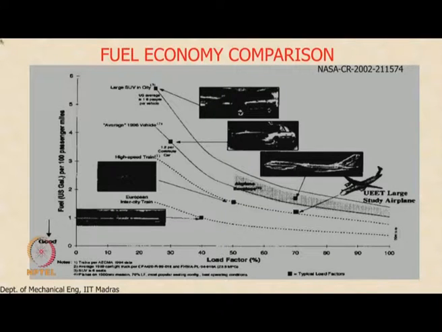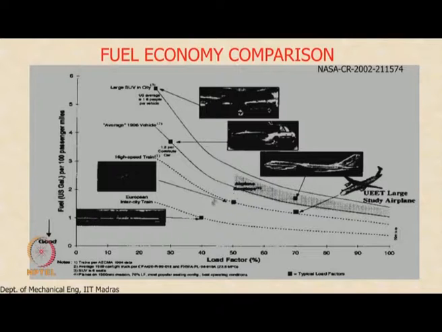The plot allows us to compare fuel economy of various modes of transportation, starting from sports utility vehicle to passenger sedans, to aircraft, to high-speed trains and intercity trains.